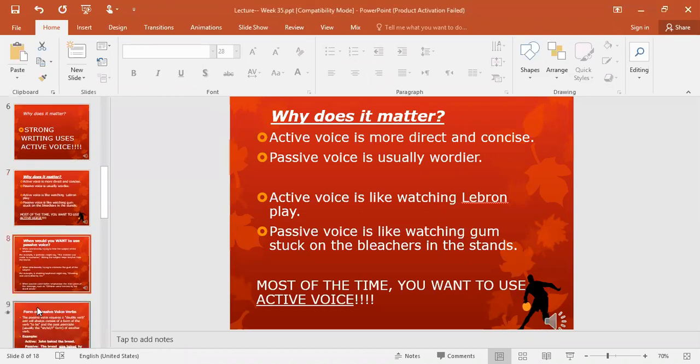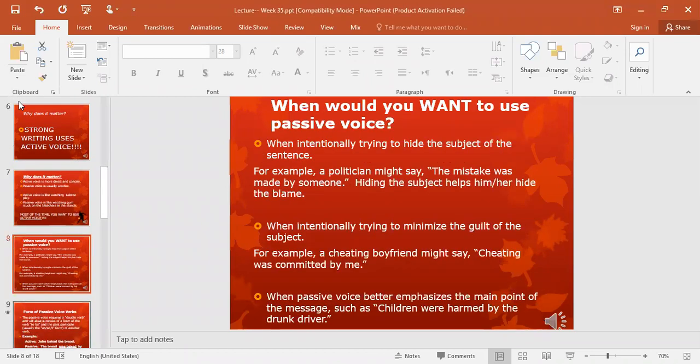When would you want to use the passive voice? Okay? The passive voice is used when you want to admit something or tell something intentionally.